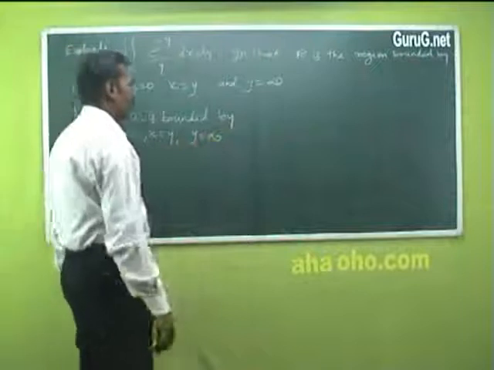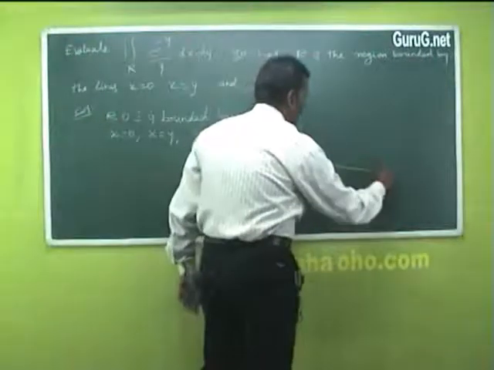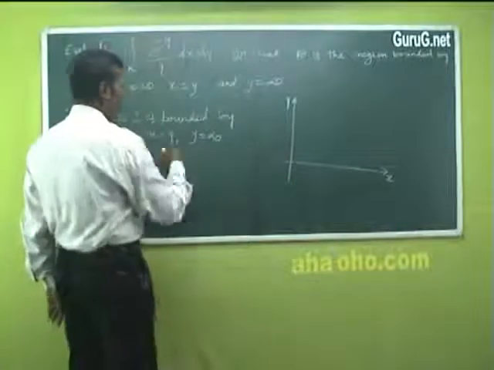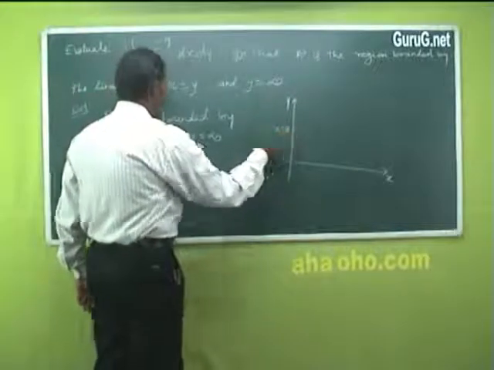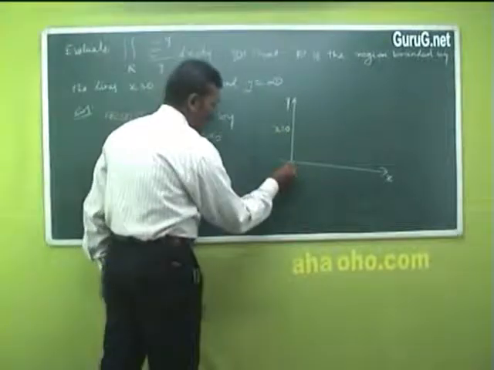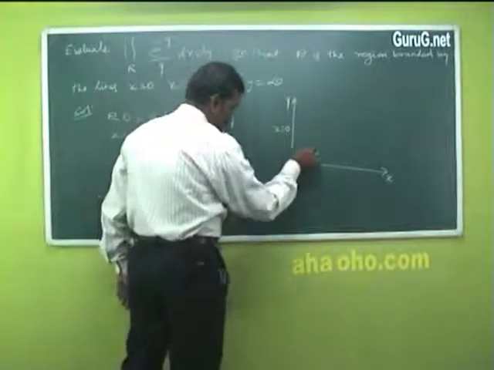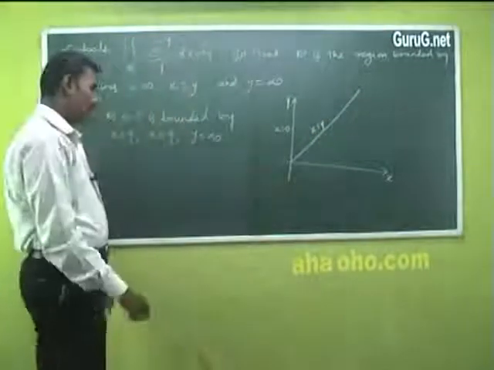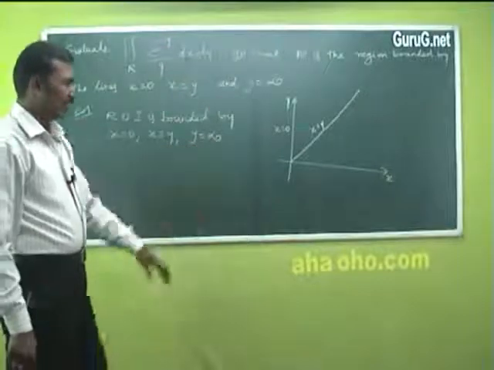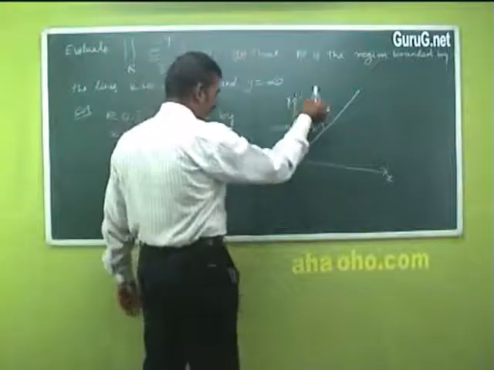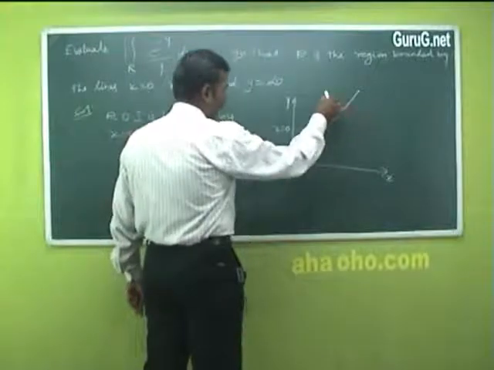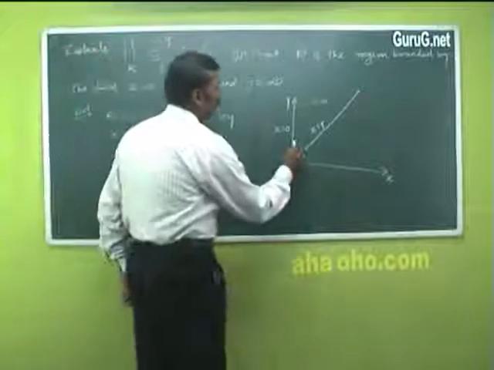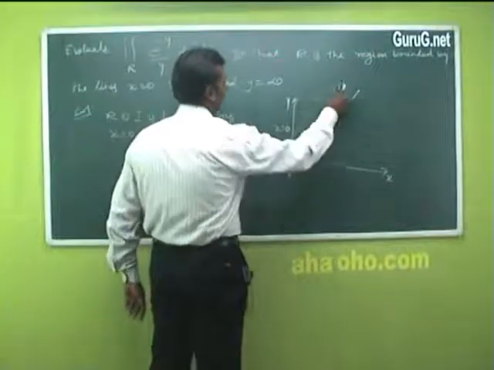You draw these lines. This is x-axis, this is y-axis. So x equal to 0, so this is y-axis, and x equal to y, a line passing through the origin, the bisector of the first quadrant. Next y equal to infinity, the line y equal to infinity. Right? Now this is our region of integration.